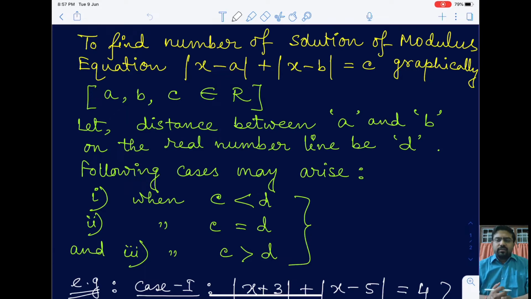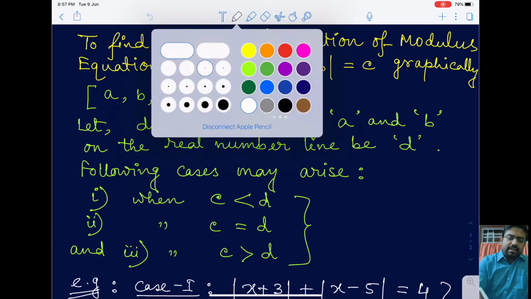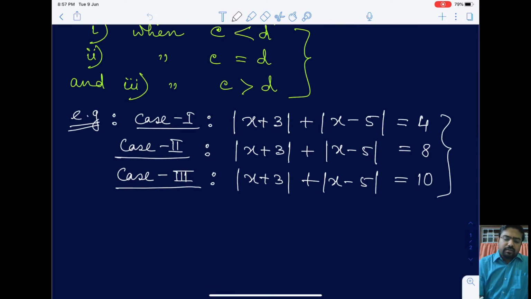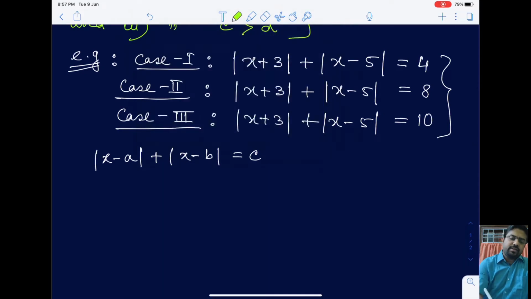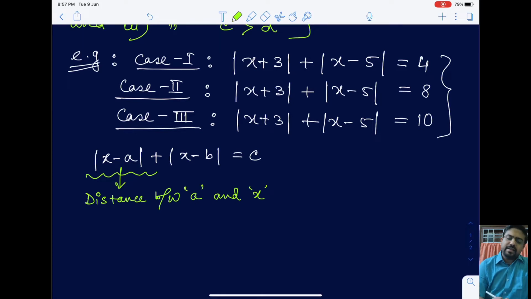In the equation mod of x minus a plus mod of x minus b equal to c, the first term, mod x minus a, represents the distance between a and the variable x, where a is constant.